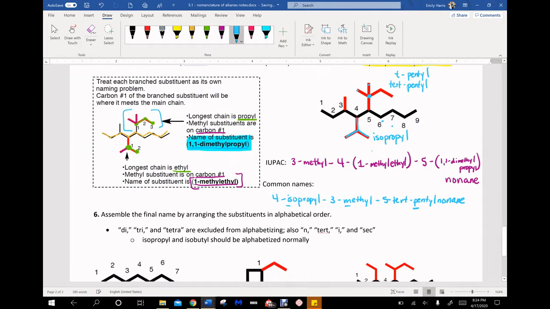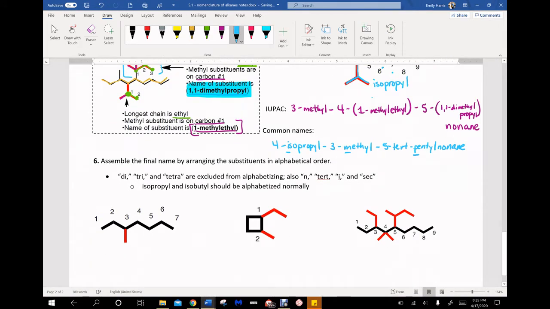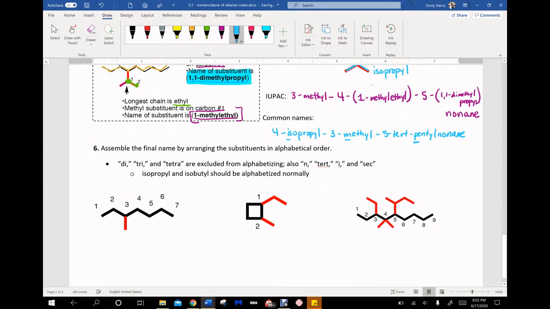All right, so hang in there, last rule. Again, this takes a lot of practice and a lot of determination to get this down. All right, rule 6, here we go. It says, assemble the final name by arranging the substituents in alphabetical order. The di, tri, tetra prefixes are excluded, which means we don't use them when we're alphabetizing.